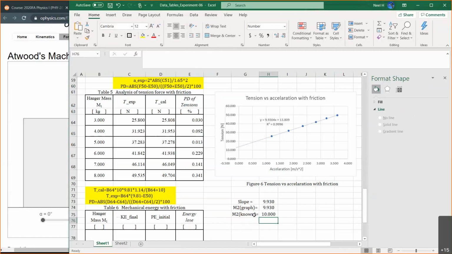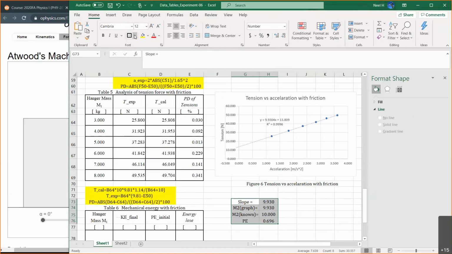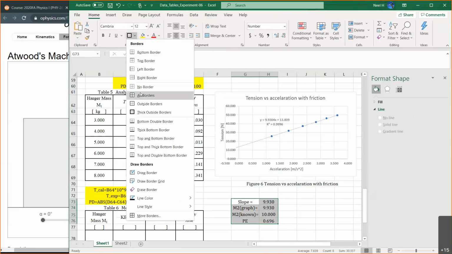So we can compare these. Let's do PE: PE equals ABS of parentheses expected 10 minus from the graph 9.93, divided by the expected, multiplied by 100. That is the object mass analysis by using graph number 6.